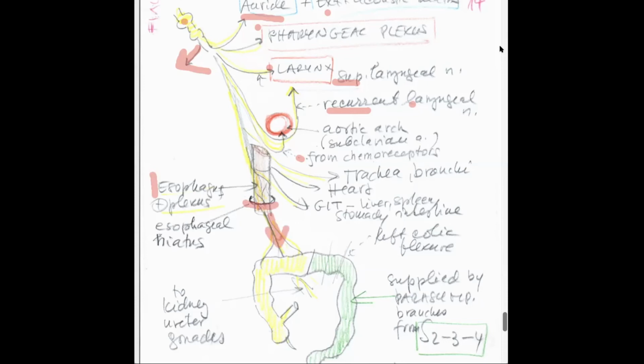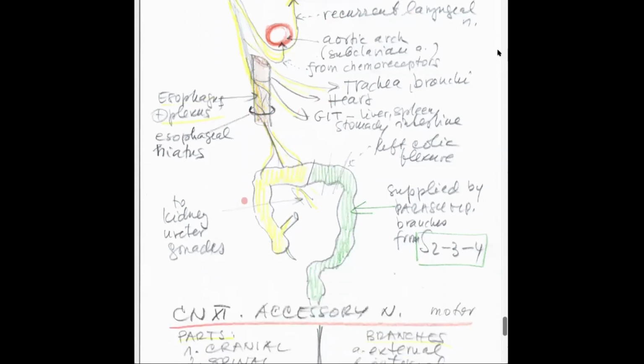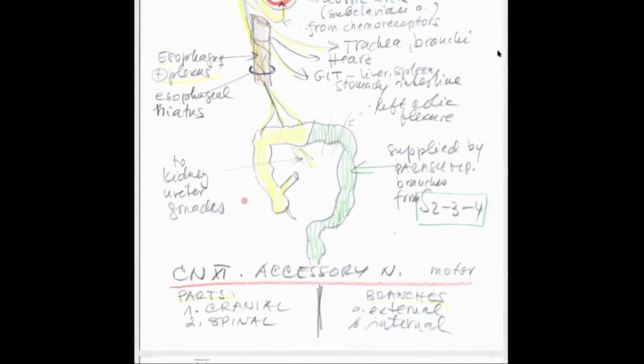During the course, it also, before that, of course, innervates trachea, bronchi, the heart, the cardiac branches, the whole gastrointestinal system. If we see the situation under the esophageal hiatus, so we are in abdominal cavity, excellent. And then we see that the intestinal complex innervates not only the small intestine, but also ascending and transverse colon, usually to the left colic flexure.